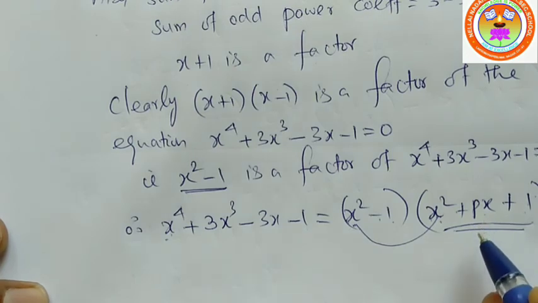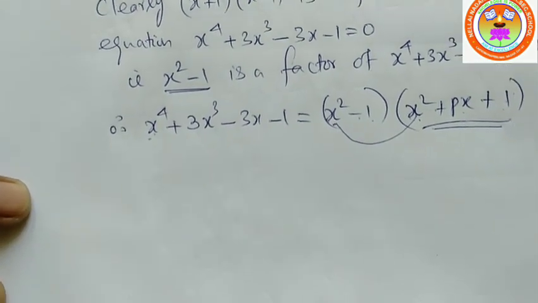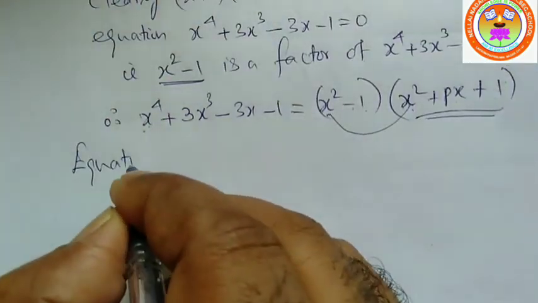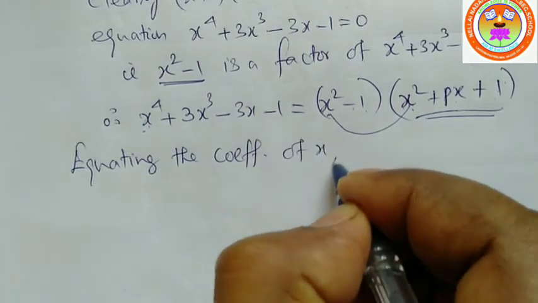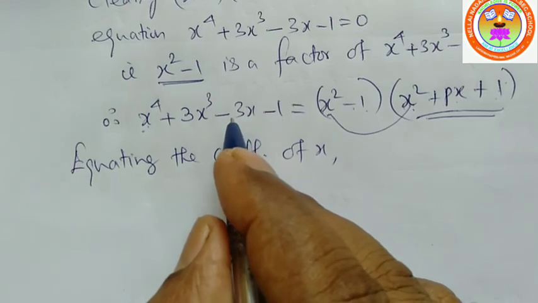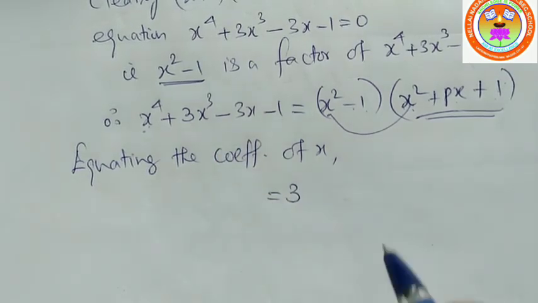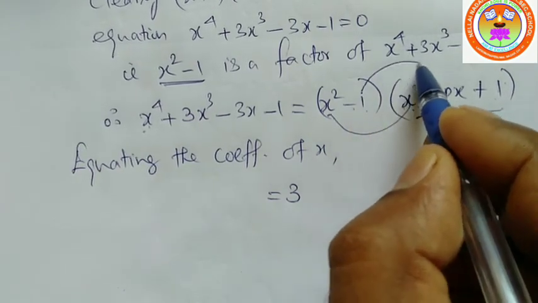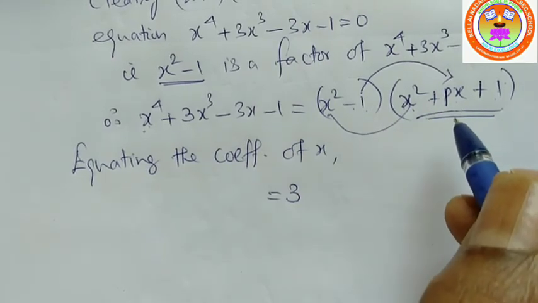For finding p, we are going to equate the coefficient of x on both sides. The left hand side, what is the coefficient of x? That is 3. The right hand side, when we multiply this constant and the x, we will get the x term, right?